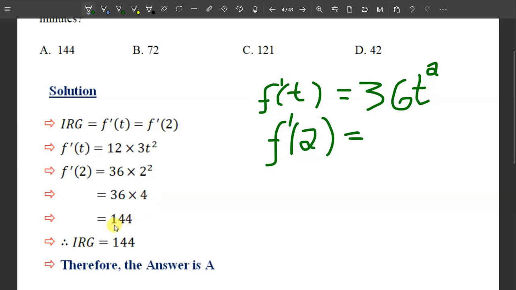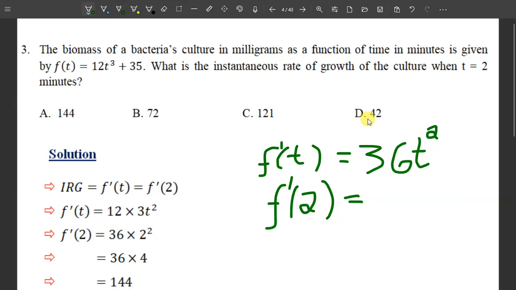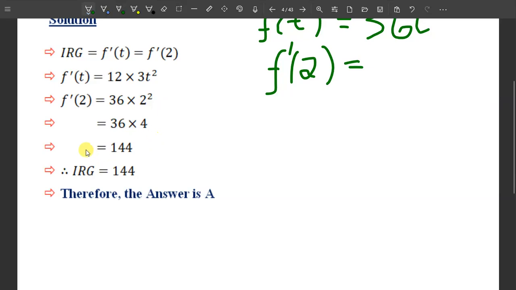So 144 bacteria will be there after 2 minutes. If the growth is given by this function, then when our time is 2 minutes, the growth is exactly 144.